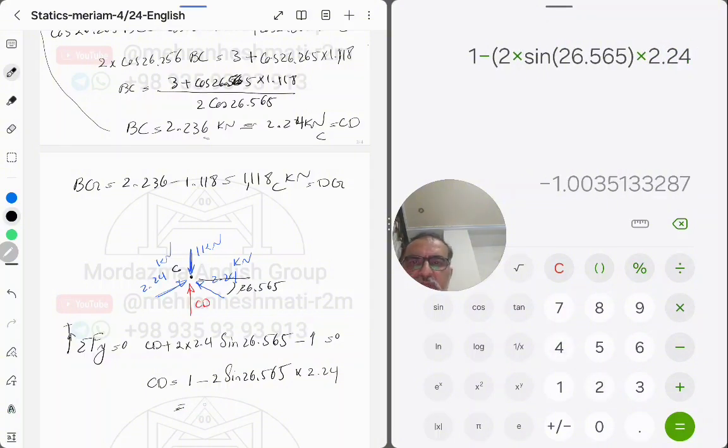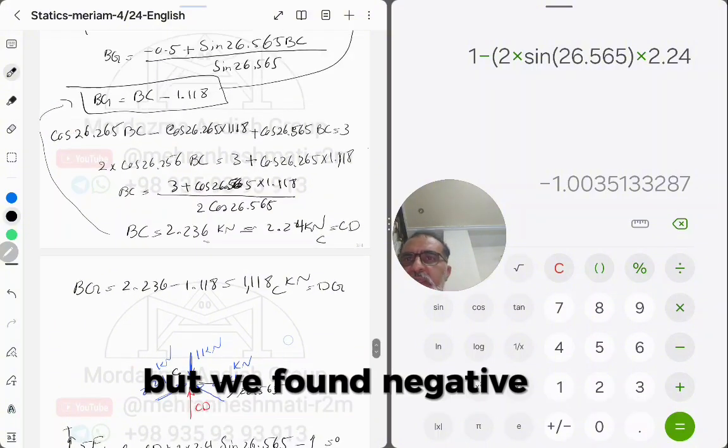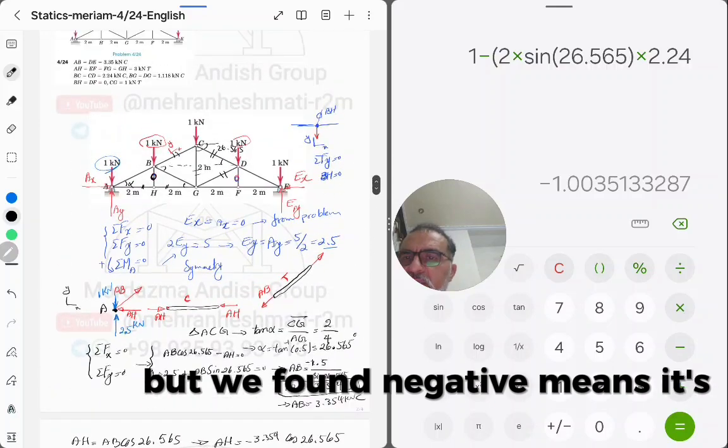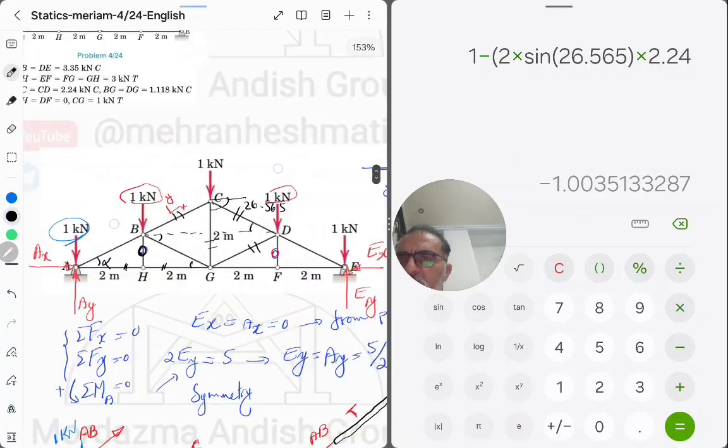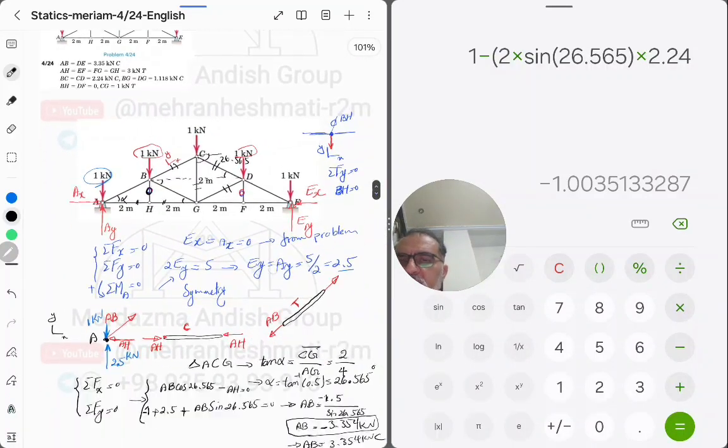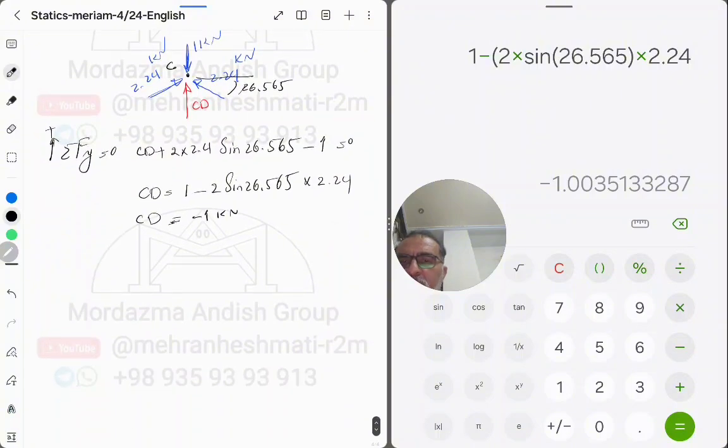The answer is minus 1 kilonewton. We consider it compression, but we found negative, means it's tension. Yes, the answer is tension. So CD is equal to 1 kilonewton tension.